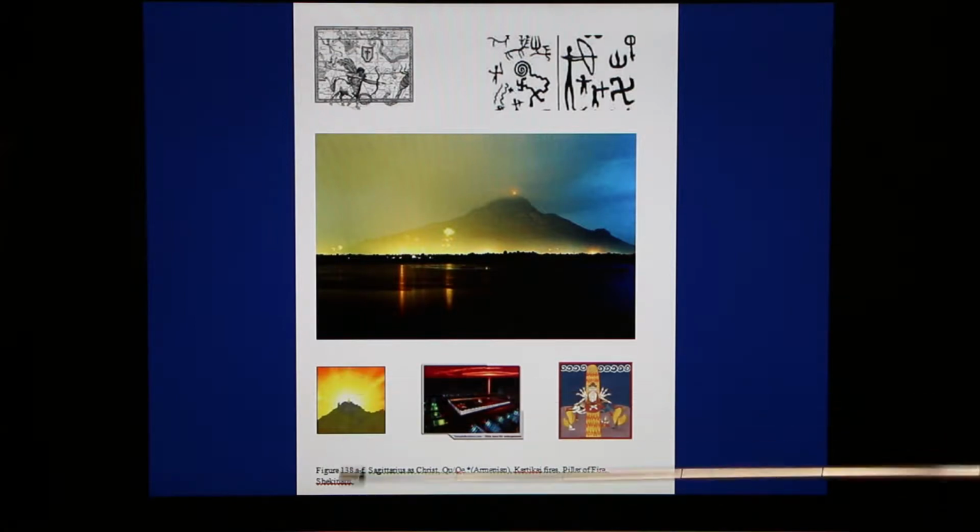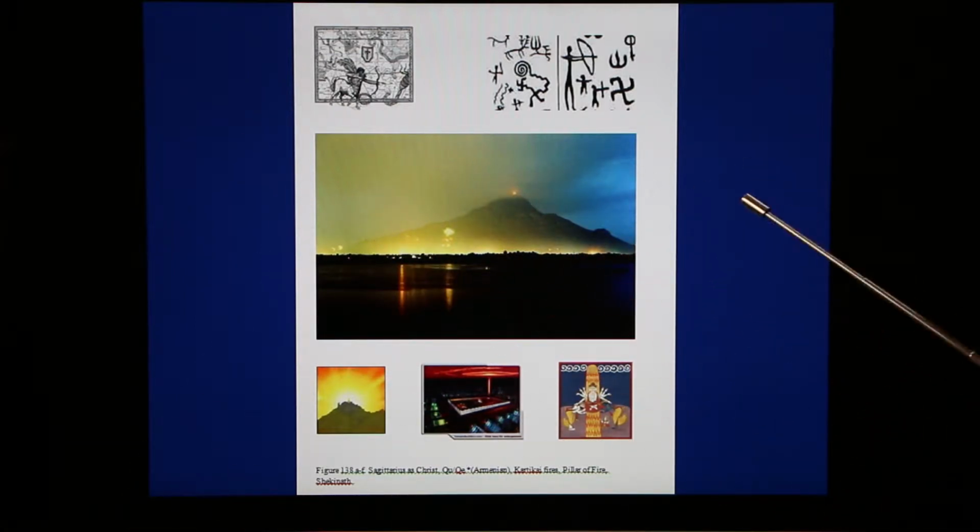You have a mountain in the south, and it's there where light is reborn. Supposedly Kartika comes, and you have Kartika fires lit in the way that we light the fires on the hills around Easter time. And Shiva as a light is supposed to shoot out into the sky.